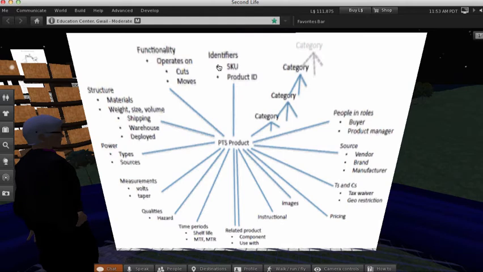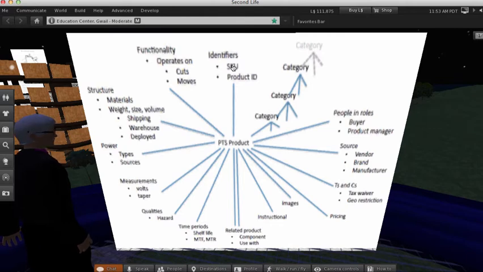Right, so this is all information representation of things like hammers and carbide tips and lathes, grinding machines, et cetera, that whole universe of tool type products.